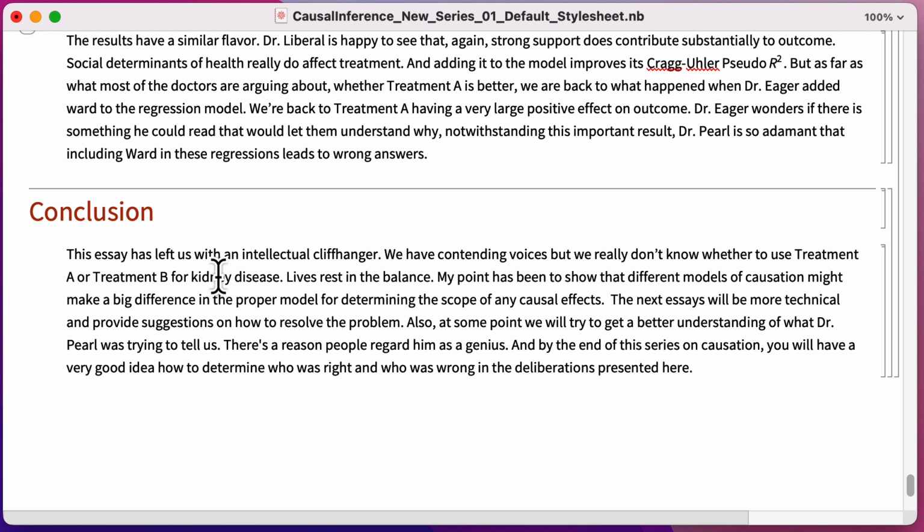We've got different voices, and we're not really sure whether to use treatment A or treatment B at this hospital, and lives actually rest in the balance on this. So my point here is simply that different models of causation, different features to include in the regression can affect the results greatly.